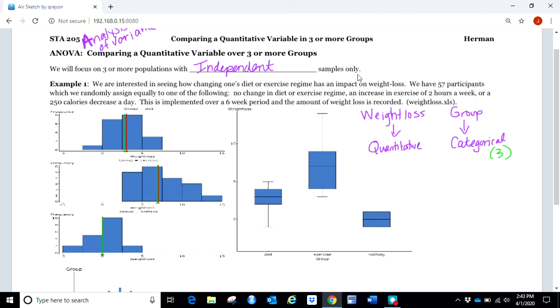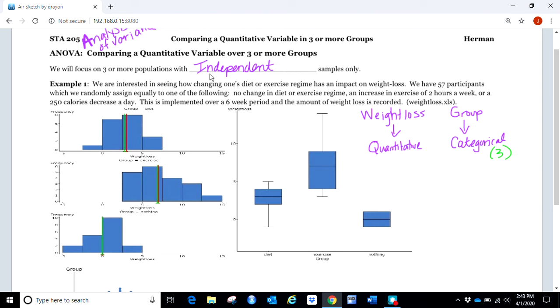So if we have 57 participants that we randomly assign, if I were to be in the no change group, from what I know, there is not a specific person that is going to be assigned to the diet group or a specific person that will be assigned to the exercise group. They're just being randomly assigned.